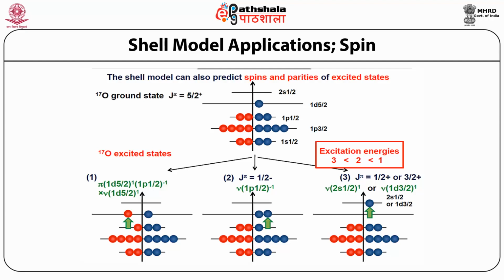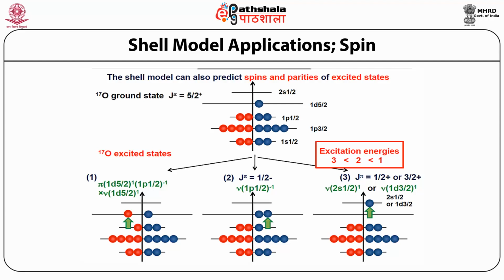But the applications of the shell model are not limited to the ground state; excited state spins and parity can also be predicted using the shell model. Here in this slide, an example of oxygen-17 is given.